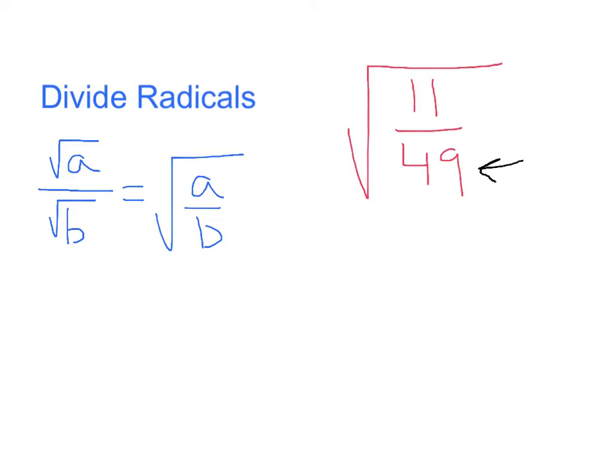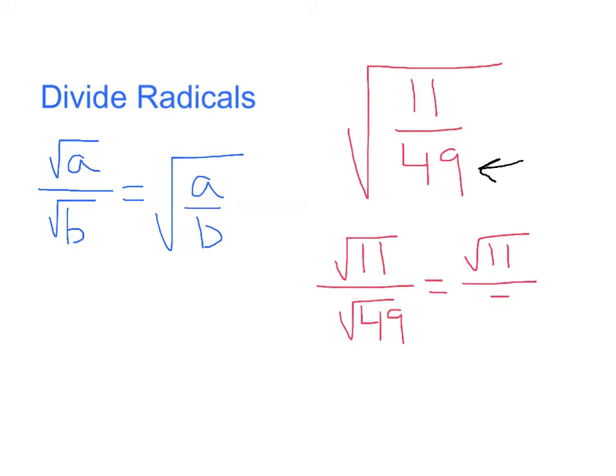So let's break apart this radical and have the square root of 11 divided by the square root of 49, and then simplify from there. The square root of 11 doesn't have any perfect square factors, so that's fully simplified. And then the square root of 49 is 7. And there it is. There's my answer, in simplified form.